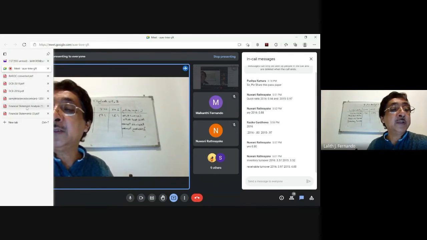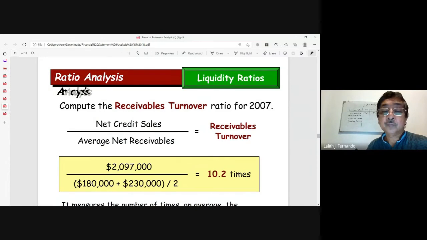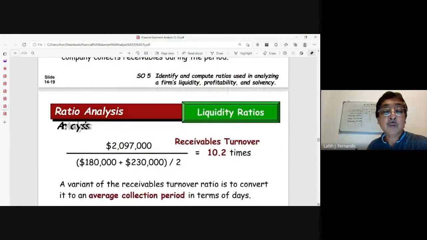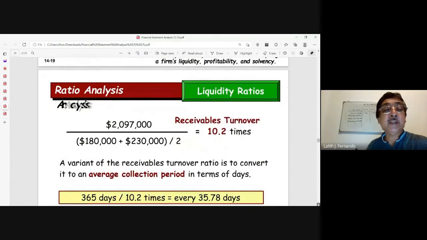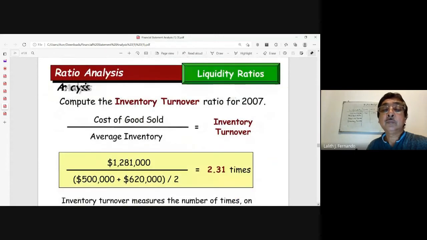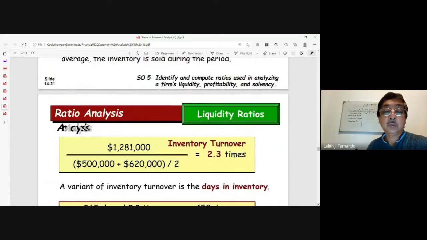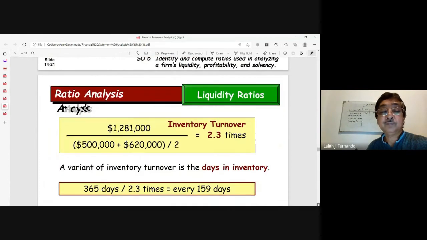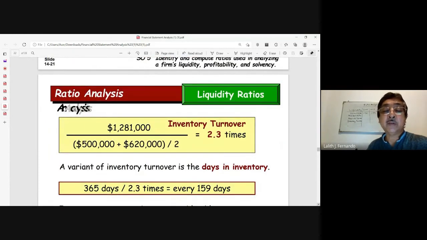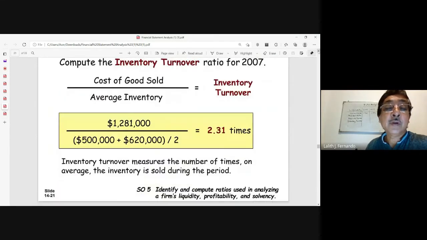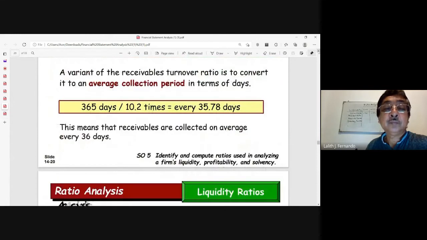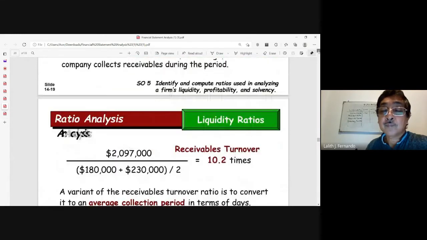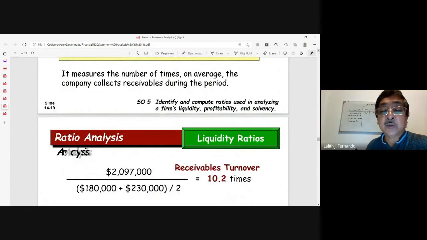So if you do that calculation, you can also calculate the collection period and the days in inventory, that is the days in inventory and the average collection period, from the receivables turnover and the inventory turnover.